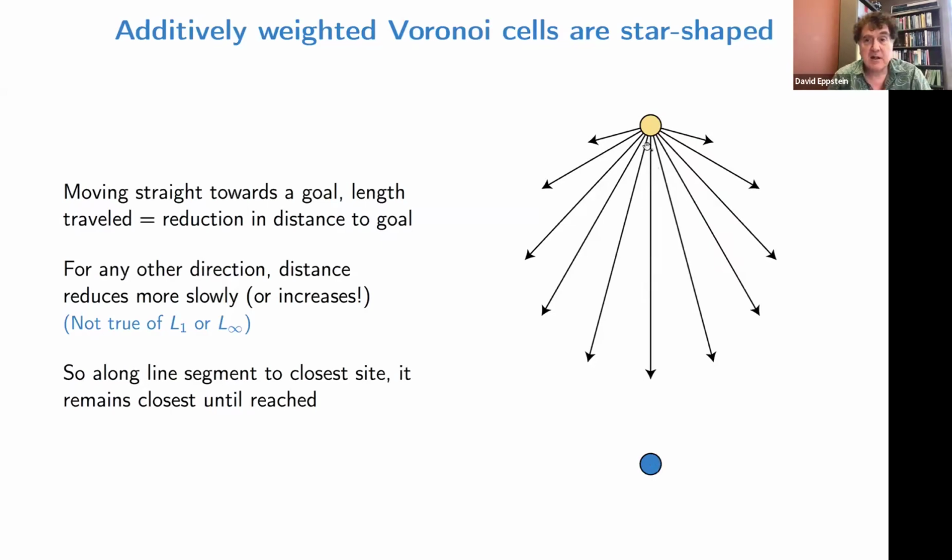Its distance decreases 1 to 1. The distance to all the other sites decreases at most 1 to 1, probably more slowly. And so this one remains closest. And so you have this property that if this point is in the Voronoi cell, everything on that line segment is in the Voronoi cell, and that's the definition of a star-shaped set.